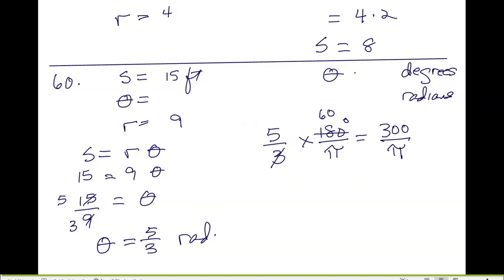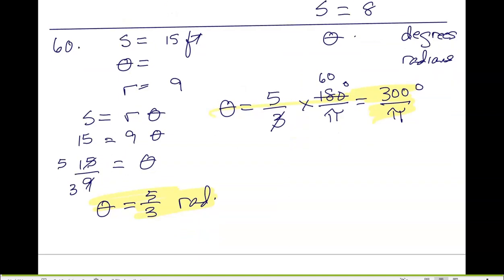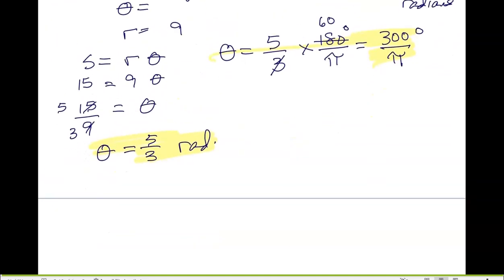Now watch this. These are degrees. So theta equals 300 over pi in degrees, and 5/3 in radians. So be careful in your understanding of that. Okay, so that brings us to 61.